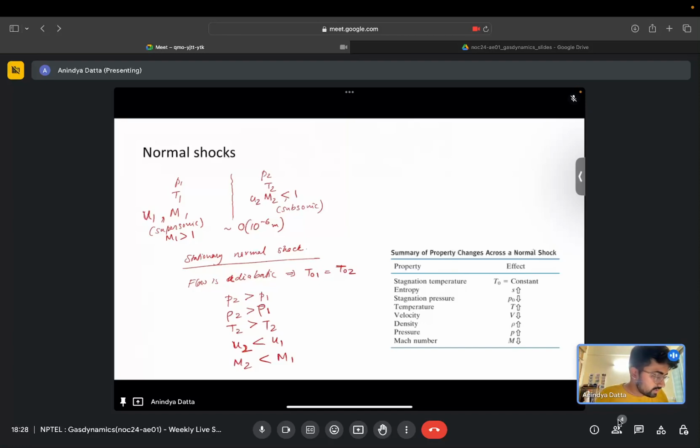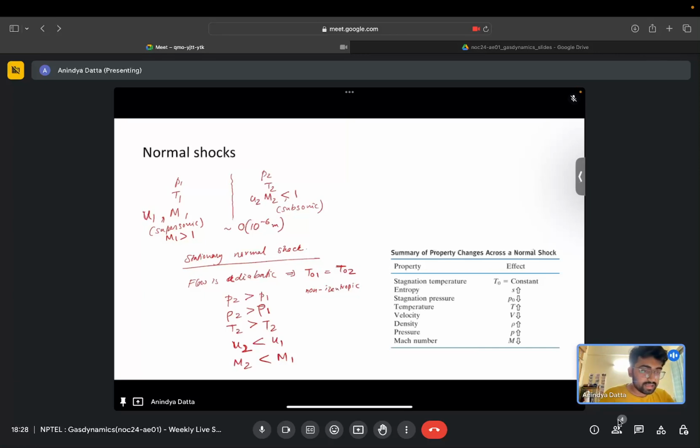So the flow is non-isentropic, which means the change in entropy can only occur because of irreversibilities. As we know, entropy change has two parts: one occurs due to energy transfer, another part due to irreversibilities or entropy generation.